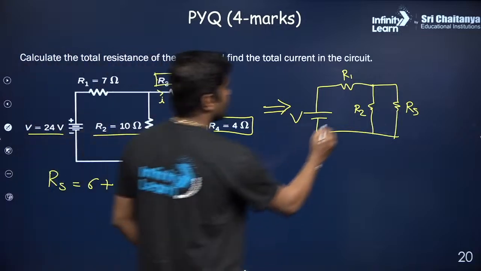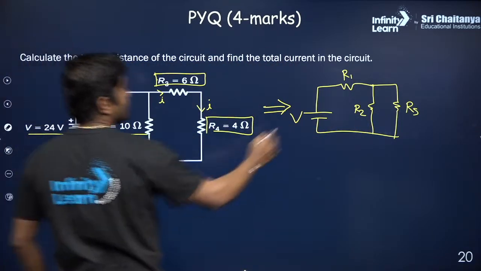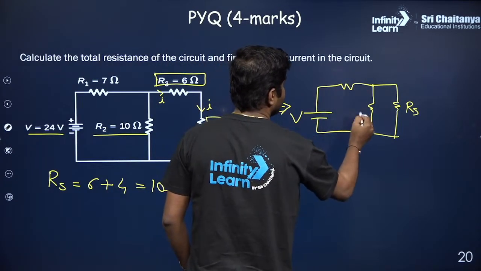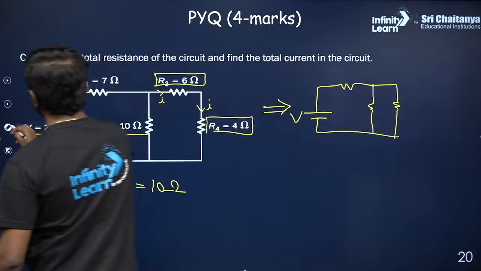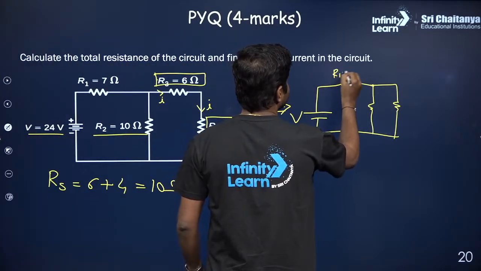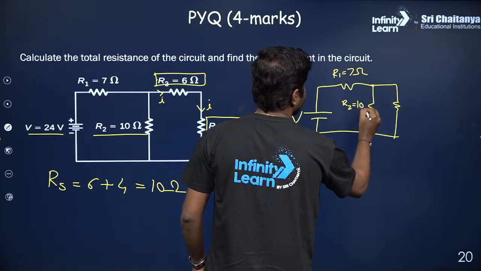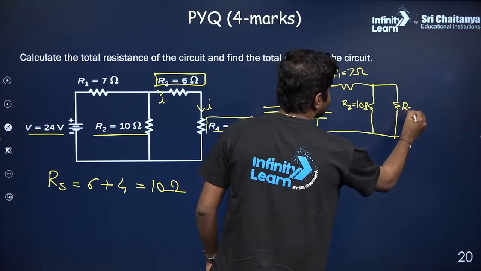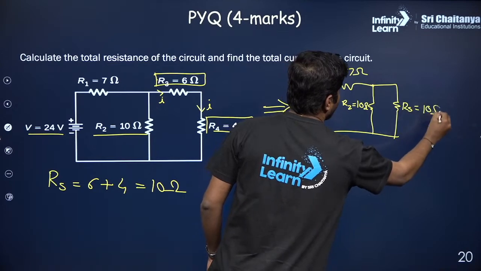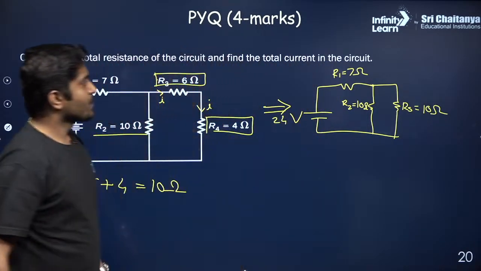So now this R2 is how much? I'll erase these names and write down the values. R1 is 7 ohms, this R2 is 10 ohms, and this R series would be 10 ohms, and the battery is 24 volts.